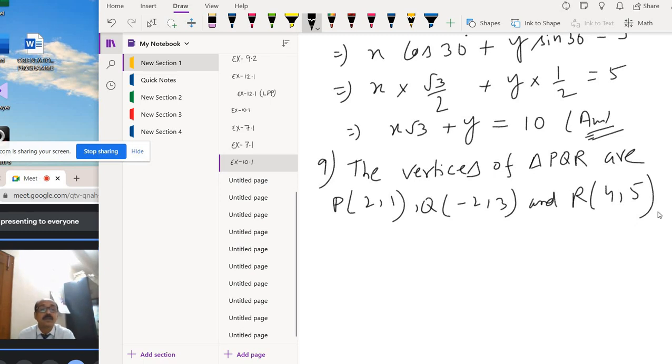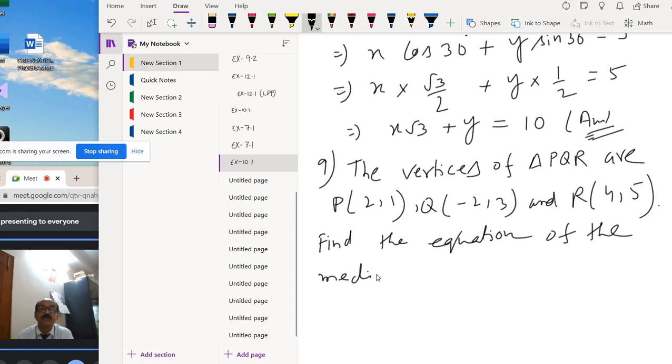Find the equation of the median through the vertex R.